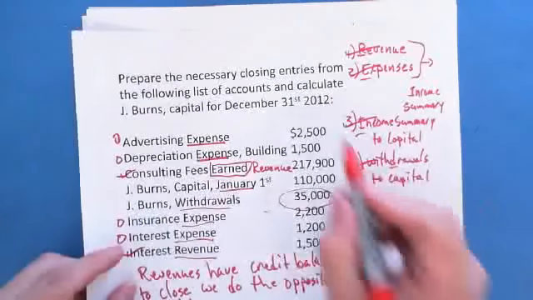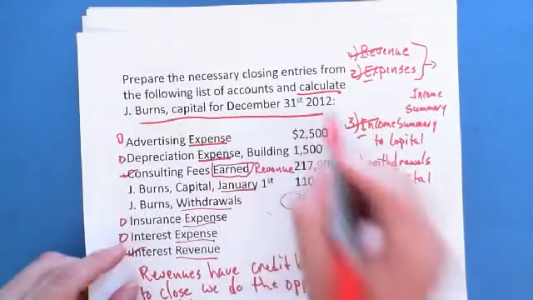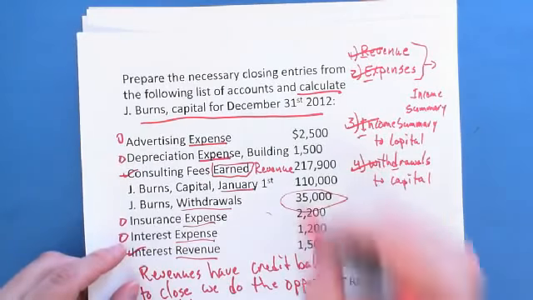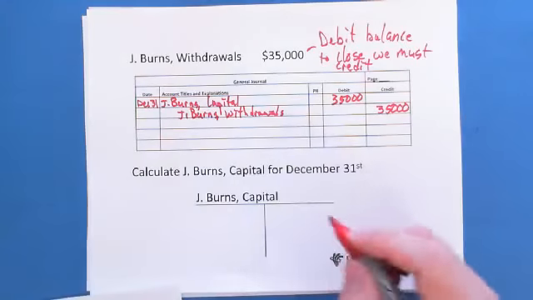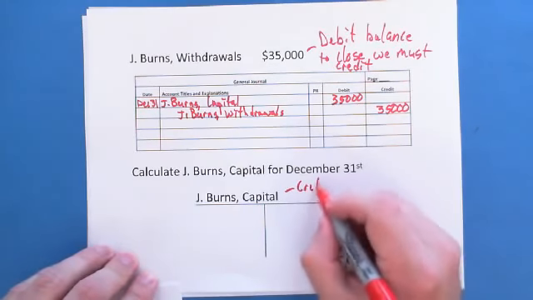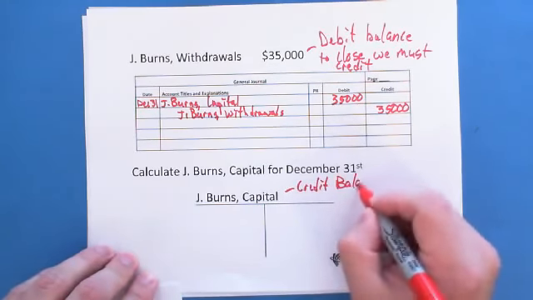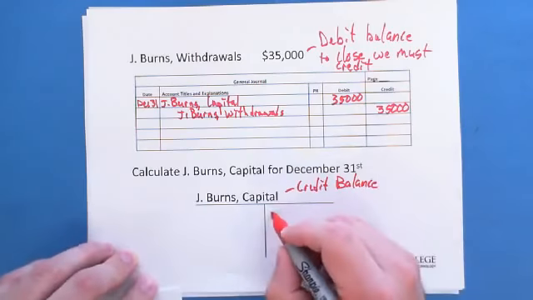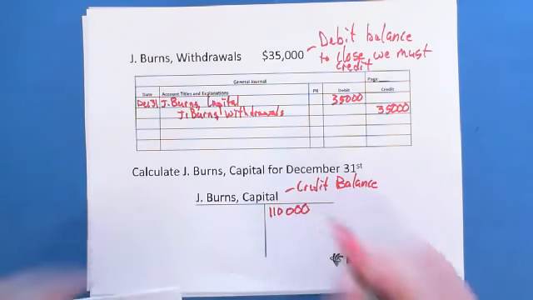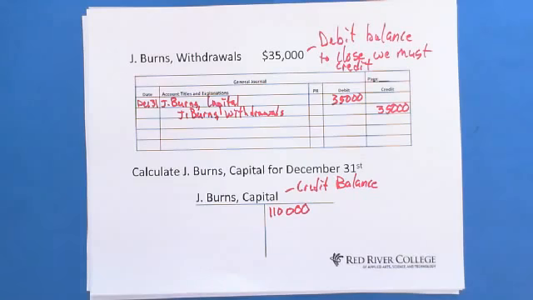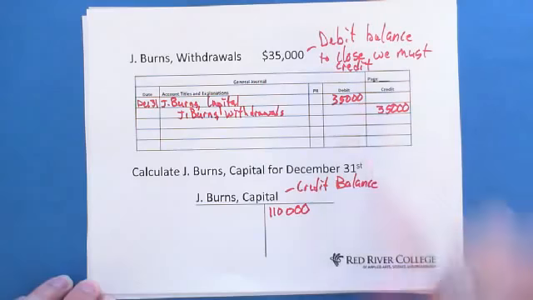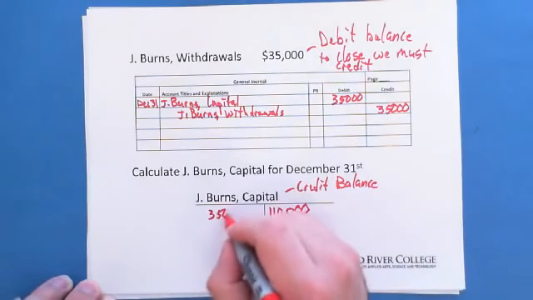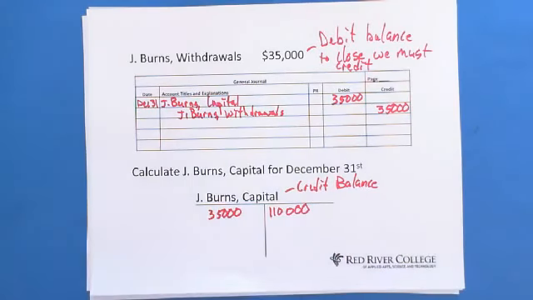Now the last thing they wanted us to do was calculate J. Burns capital for December 31st. Now this is the beginning capital, 110,000. Capital should have a credit balance, so I'm going to put that on the credit side. Well, we can just quickly post this one since it's on the same page. So this is a debit to capital. So under capital, I'm going to put it on the debit side.